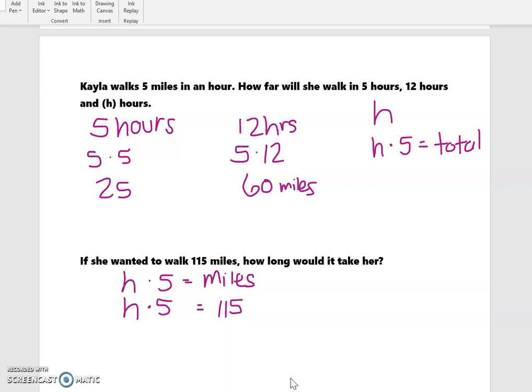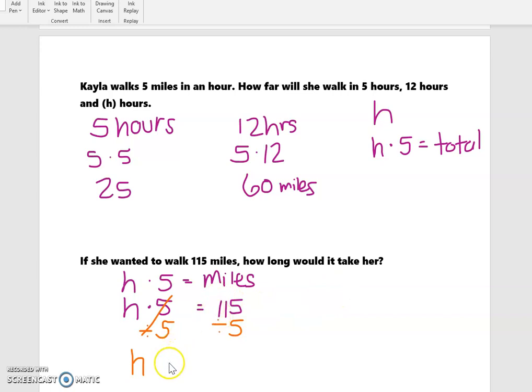So I'm solving for h. Again, to solve an equation, we use our inverse operation. So to get rid of this multiplying by 5, I would divide by 5, so they can cancel each other out, leaving the variable h by itself. Again, equations need to be balanced, so when I divide on one side, I'm also dividing on the other.